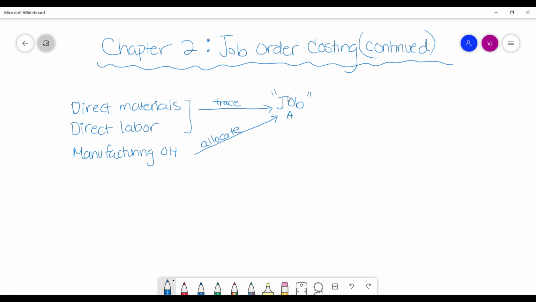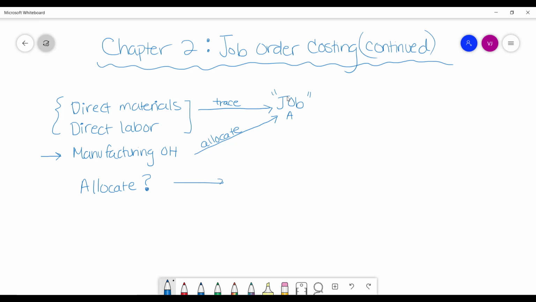Okay, so we just want to remember that these direct costs are traced, but manufacturing overhead is allocated. So the question probably is now, how in the world do we allocate manufacturing overhead, right? How is that going to work?